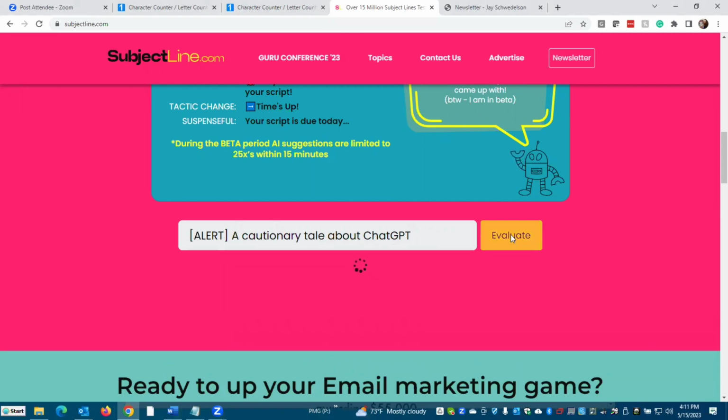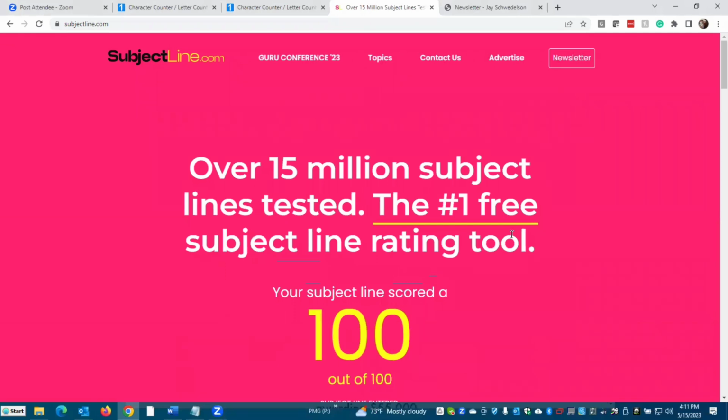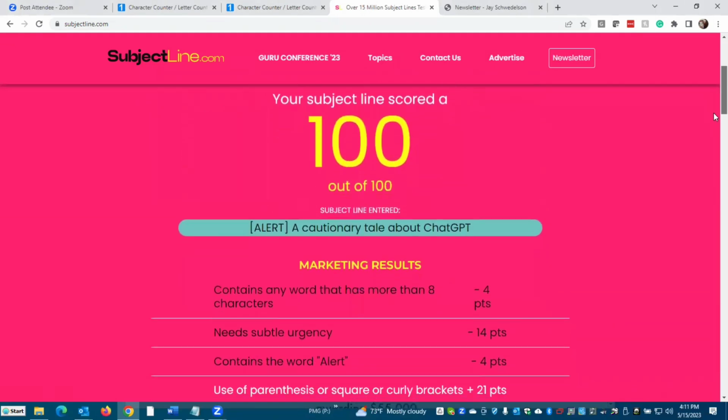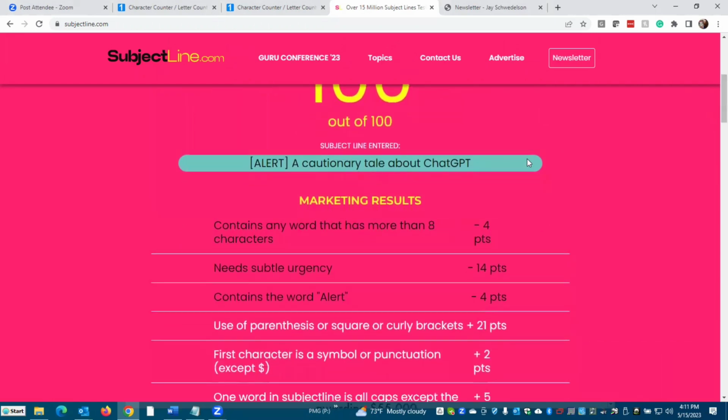Let's evaluate it. All right. Again, don't let that 100 deceive you. So this is interesting. Cautionary, it's tagging, contains any word that has more than 8 characters. So something to keep in mind.